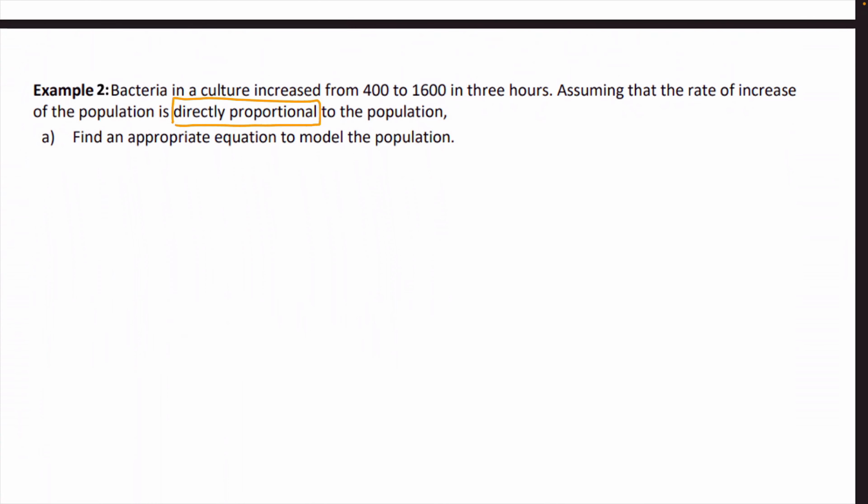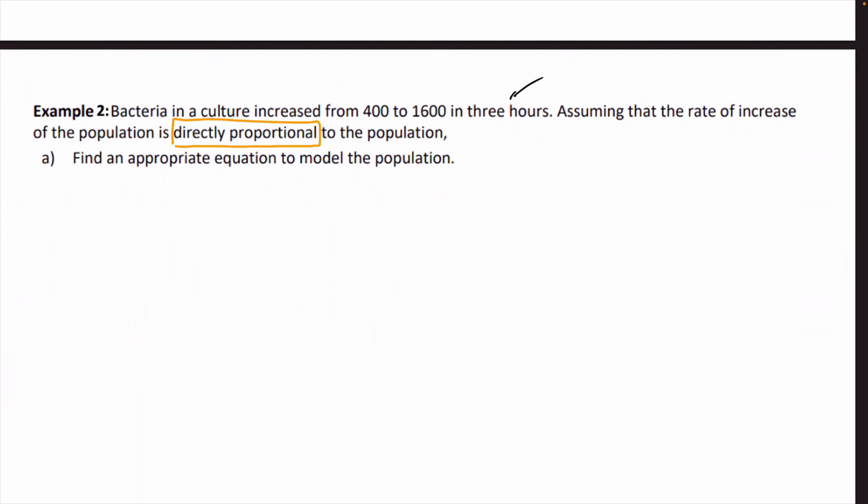The bacteria. Bacteria is one of them. And the time. The amount of bacteria and the time, in hours. Which of those is independent and which of them is dependent? Usually I would say 99 out of 100 times, time is going to be your independent.